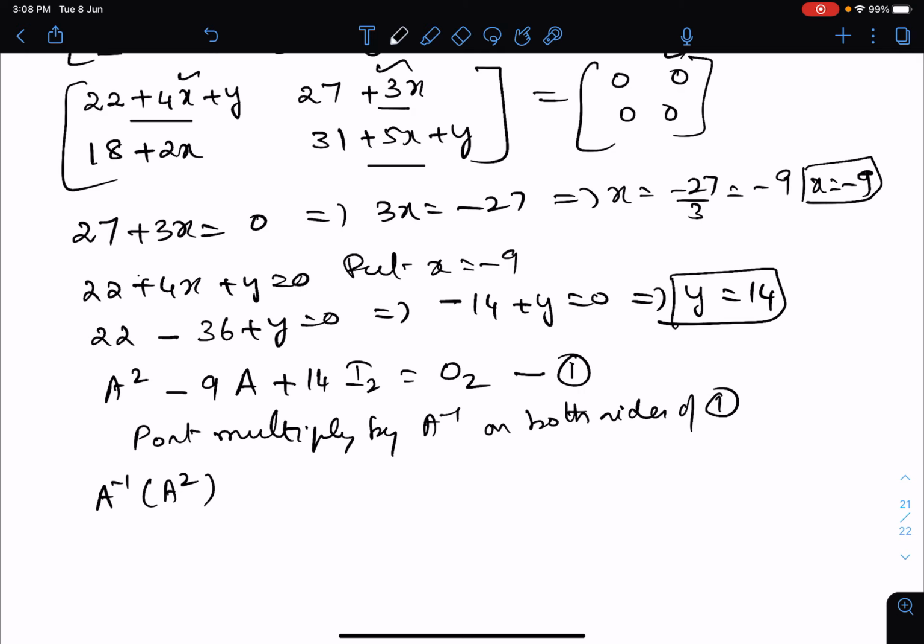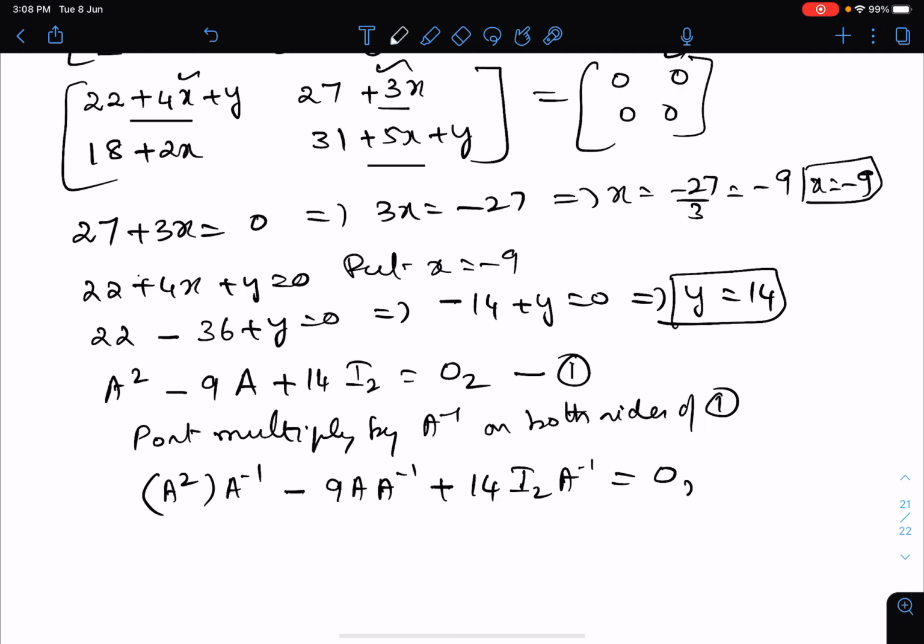Post multiply means it will come at the back. Okay, pre multiply only will come in the front. So A square into A inverse minus 9 A into A inverse plus 14 I2 into A inverse. Here 0, so again 0.